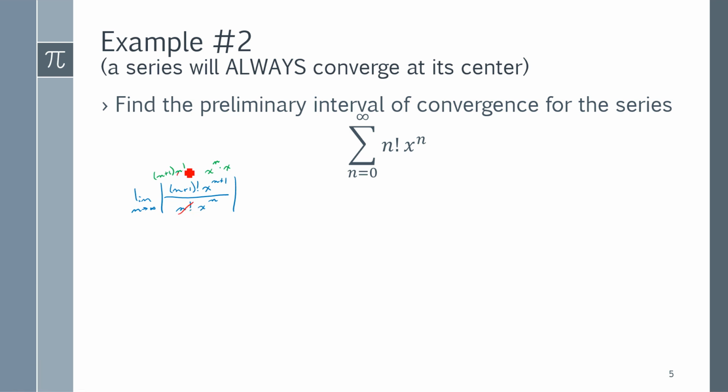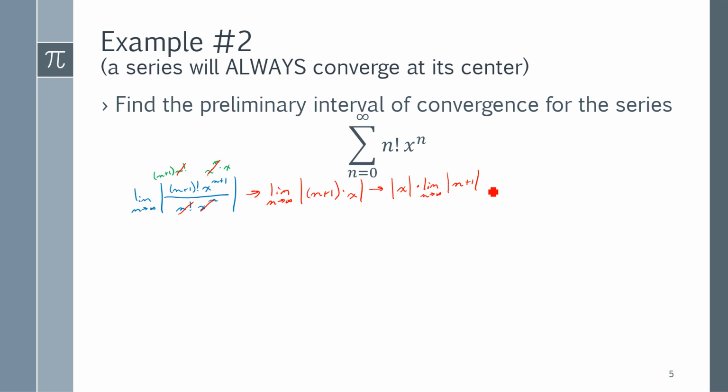So n factorial will cancel, x to the n will cancel, and I'm going to be left with the limit as n goes to infinity of the absolute value of n plus 1 times x. That absolute value of x is a constant since the limit is as n is approaching infinity. So I can take the absolute value of x out, and then I'm times the limit as n goes to infinity of the absolute value of n plus 1.